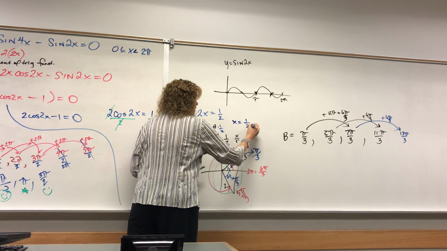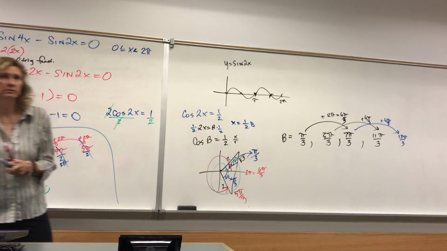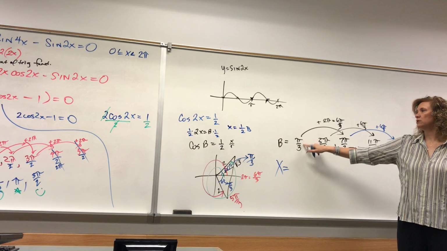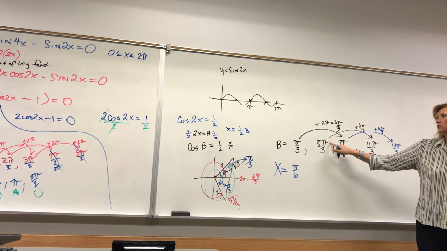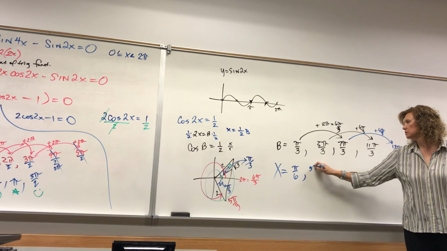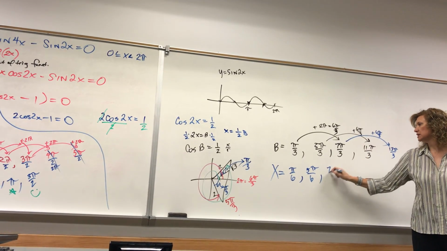So my x angles are take my b angles and multiply by half. If I multiply this by 1 over 2, I get pi over 6. If I multiply this by 1 over 2, I get 5 pi over 6. If I multiply this by 1 over 2, I get 7 pi over 6.